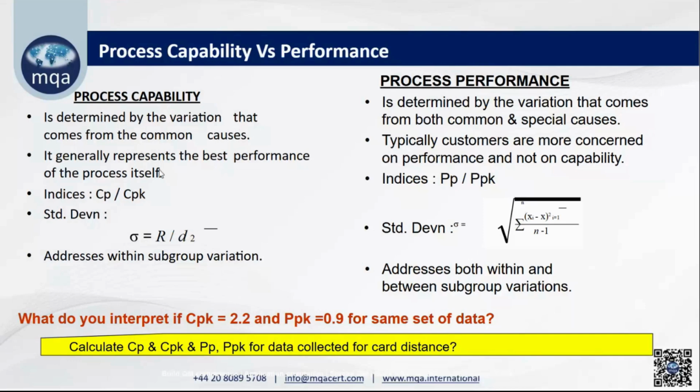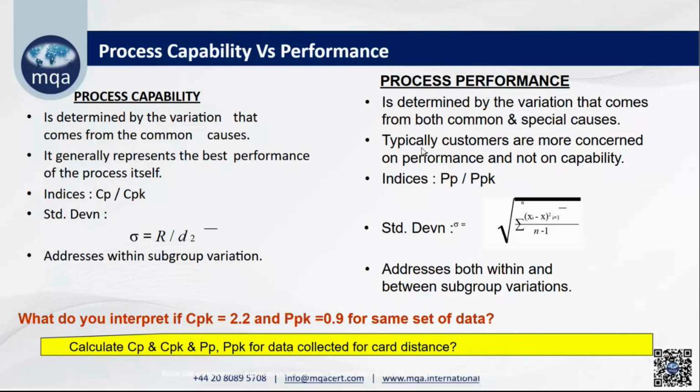It generally represents the best performance of the process itself, so we call it process capability and process capability index. Standard deviation here is R bar by d2, addressing within-subgroup variation. And process performance is determined by the variation that comes from both common and special causes.